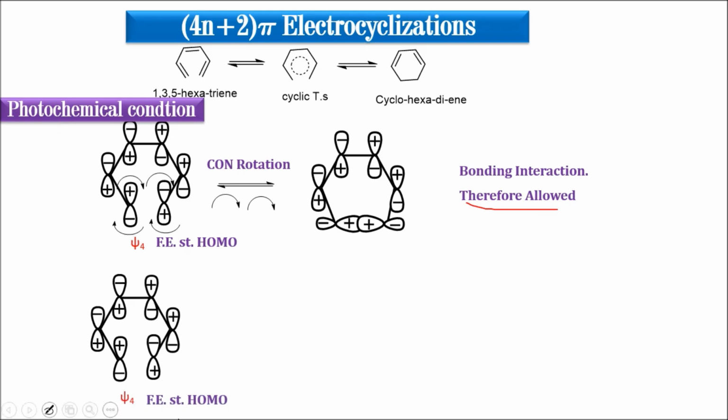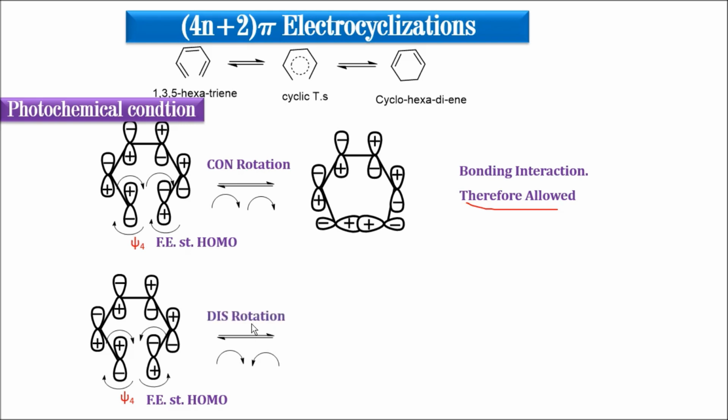Photochemical condition. Now let's see the other mode of rotation. Again we are taking the same molecular orbital. We are selecting this orbital rotating clockwise and this orbital rotating in the anti-clockwise direction. So the first orbital is undergoing clockwise rotation, the second orbital is undergoing anti-clockwise rotation. That is called this mode of rotation.